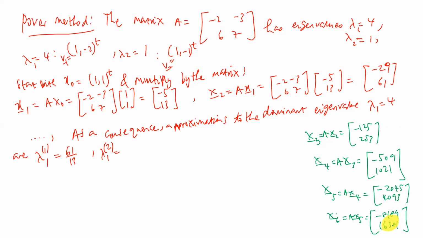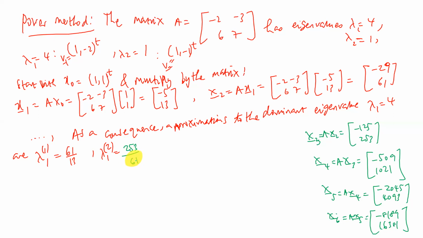As a consequence, the approximations to the dominant eigenvalue lambda equals 4, which is the biggest one. What are the approximations up to x6? We have lambda 1 to the power 1 in brackets: 61 out of 13 for the first step of the iteration process. The second step is 253 divided by 61.